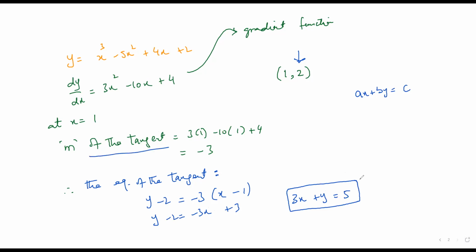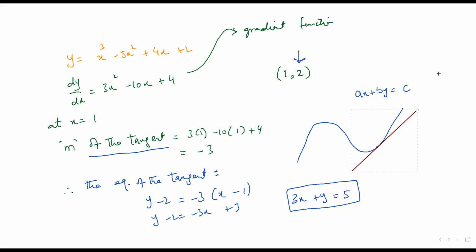Next, you can also be asked to write down the equation of the normal. Suppose this curve is like this, and you have drawn the tangent at this point. Just imagine that you have drawn the tangent at this point, so the tangent is like this.